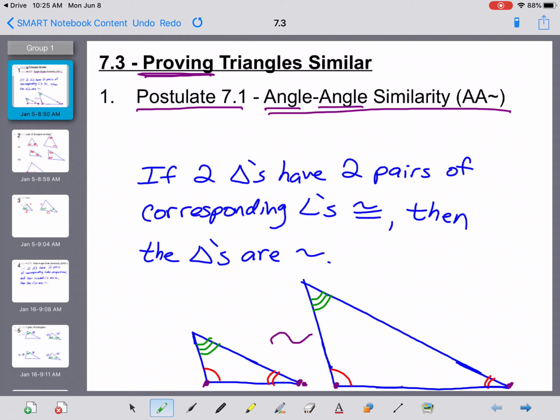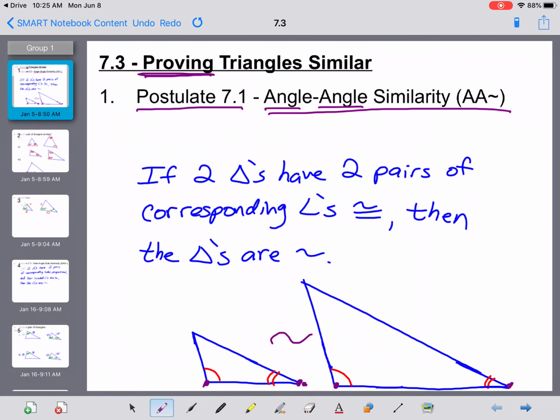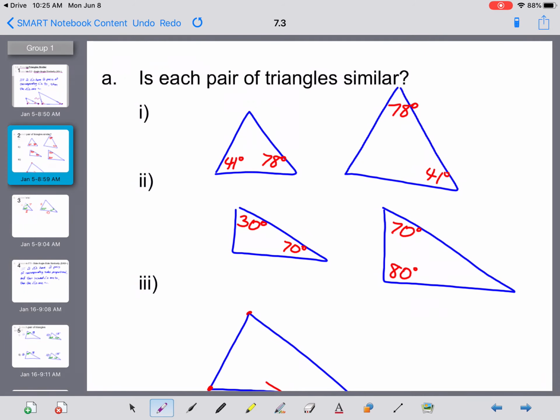So actually, what we're really dealing with here is angle, angle similarity, because that falls in line with the idea that we talked about in 7.2 that said if two figures are going to be similar, all of their corresponding angles have to be congruent. But the fact that we're dealing with triangles right here allows us to take advantage of the fact that we really only need two pairs of congruent angles, and then it's a foregone conclusion that the third pair is congruent as well. So angle-angle is our first way to prove that two triangles are similar.